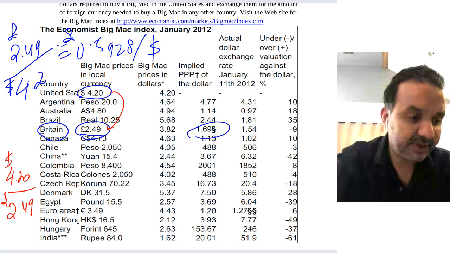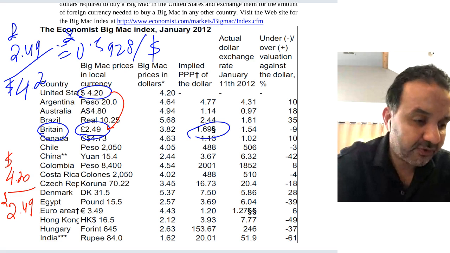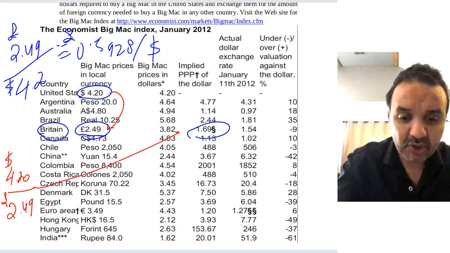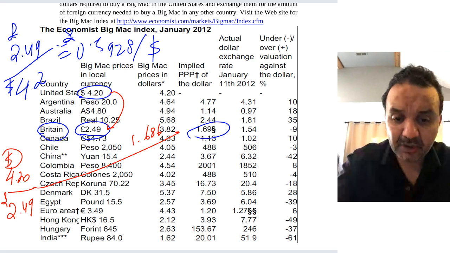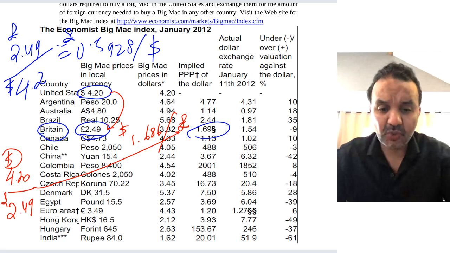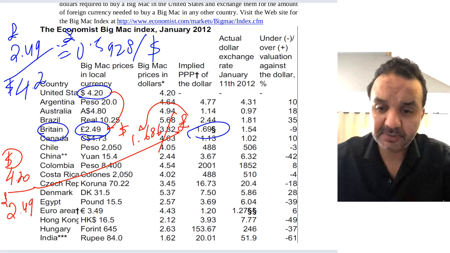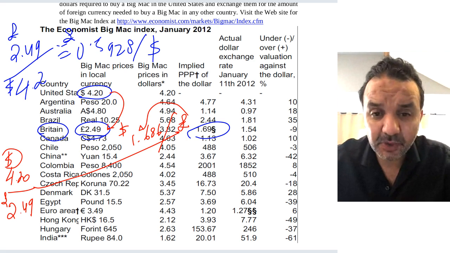Let's calculate it. 4.2 divided by 2.49 gives you 1.686. Now the dollar sign is on the top, so this gives you the price of one British pound. So one British pound equals 1.68 US dollars. Okay, this is the meaning of the Big Mac Index. Thank you for watching. Thank you so much. Bye bye.